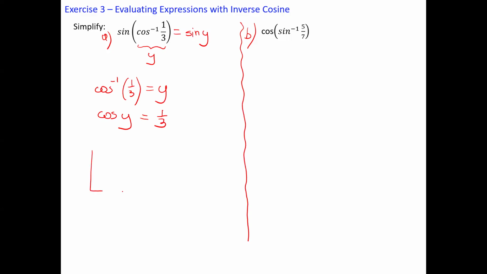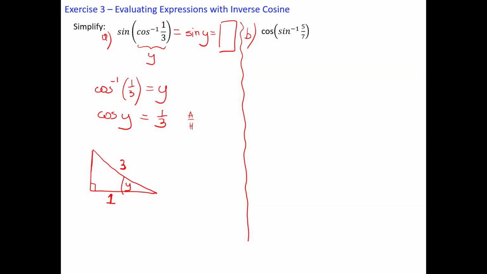Now, when we have one trigonometric ratio in a right triangle, we can build the right triangle and find all of the ratios. We can see cosine of y is 1/3, then sine of y will be relatively easy to find. Let's call it the angle y. Cosine is adjacent over hypotenuse. That means adjacent is 1, and hypotenuse is 3.